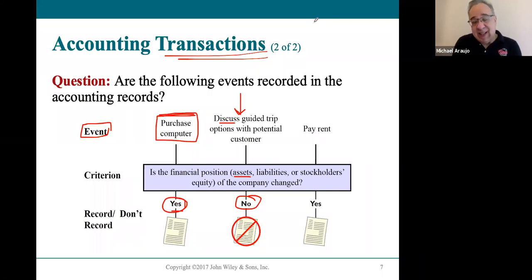QuickBooks is really designed for small businesses to make it easier to keep track of those things. You can even scan the receipts, and QuickBooks analyzes it and puts it in the accounts for you automatically. It's pretty amazing what the software is able to do for folks to help them keep the record straight.